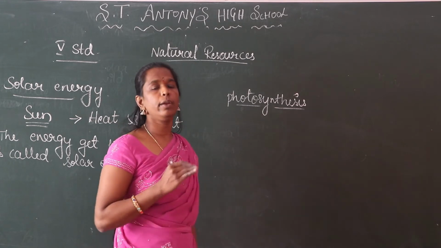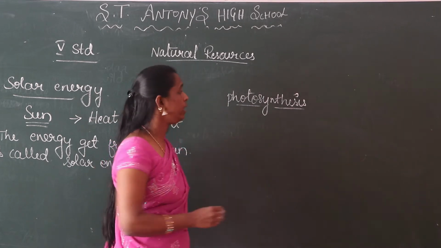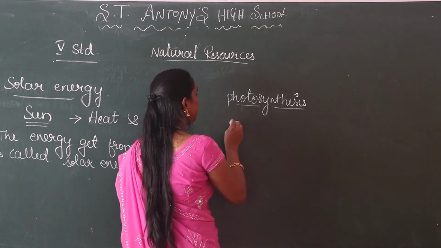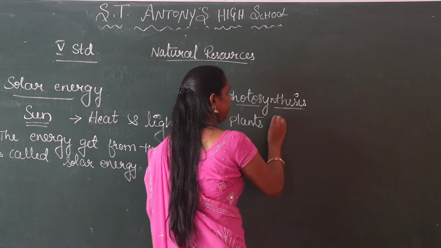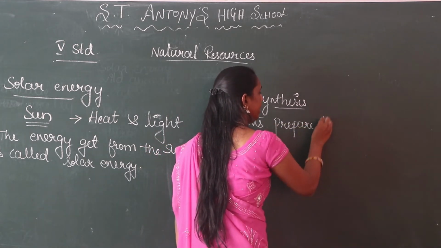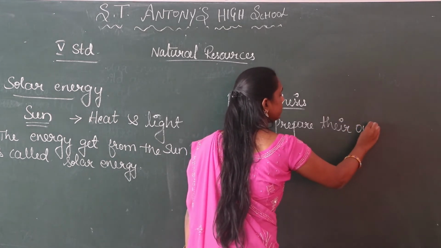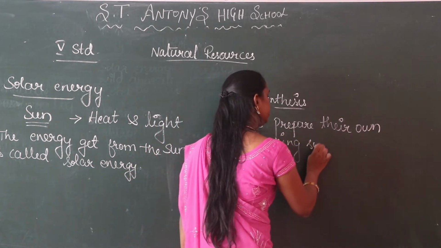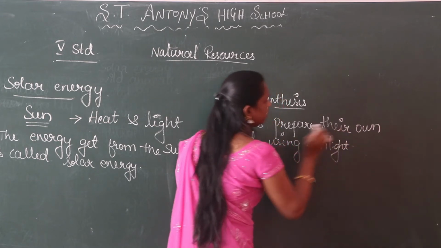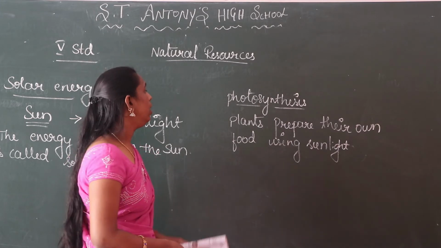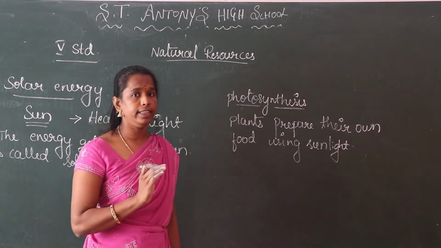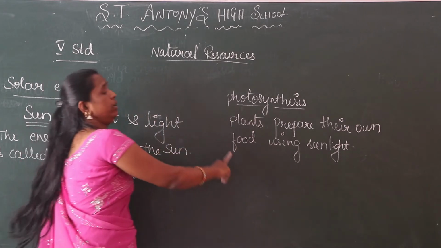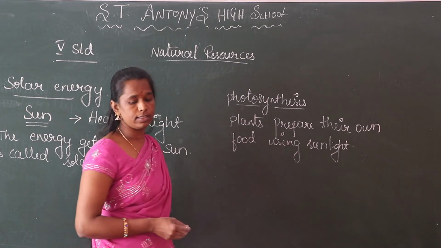The plants prepare their own food using sunlight. This process, where plants prepare food using sunlight, is called photosynthesis. Here also, solar energy is used in this process.